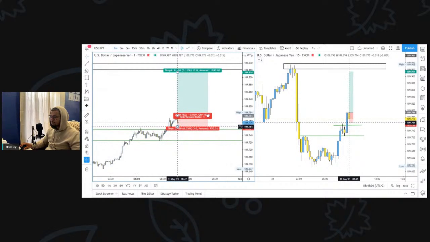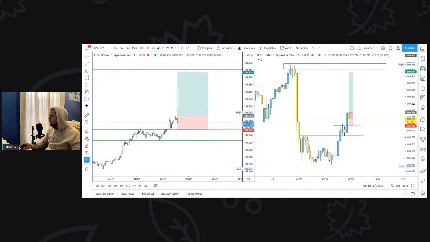Okay, for safety purposes, let's put it below this level. So that's a 4 pip stop, right? 4 pip stop. Okay, so that's 6.85.